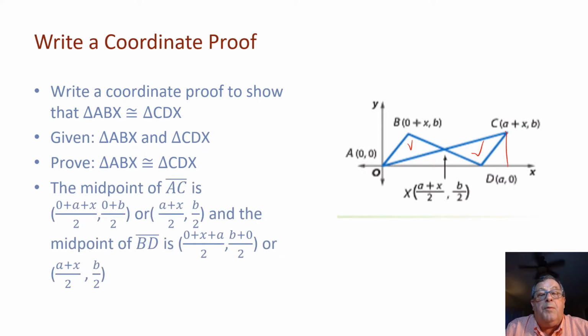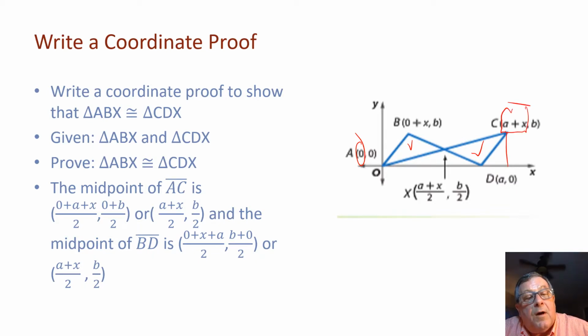Okay, so the midpoint of AC, using the midpoint formula. So let's see, the midpoint formula is x1 plus x2 over 2. Well, let's say x1, we got 0, x2 is a plus x.